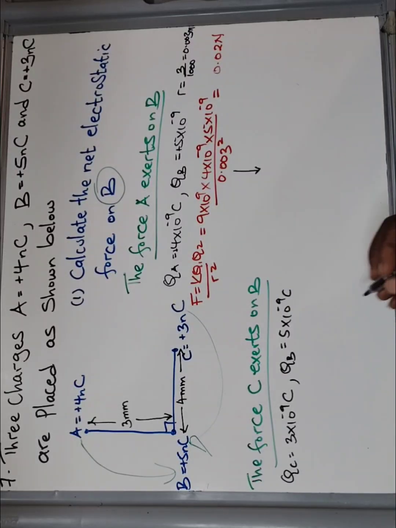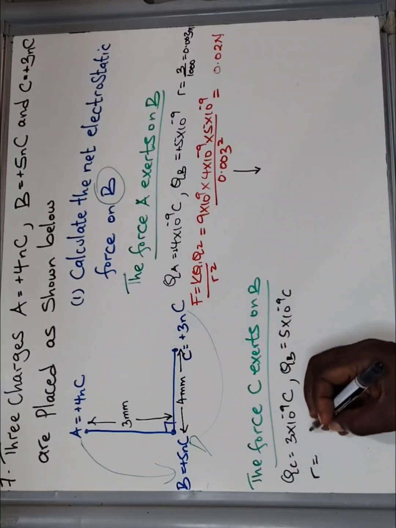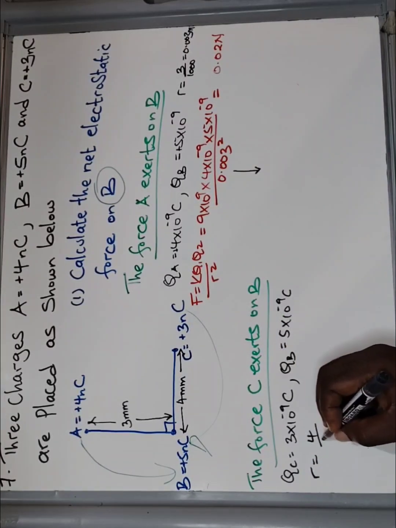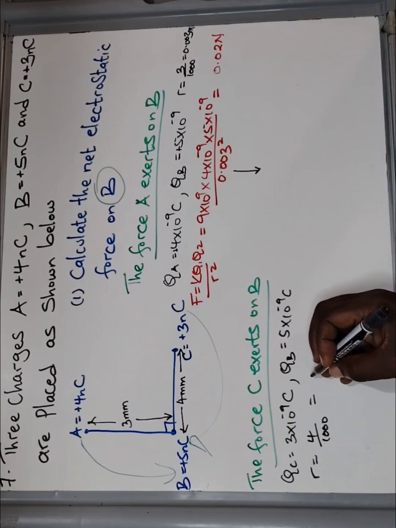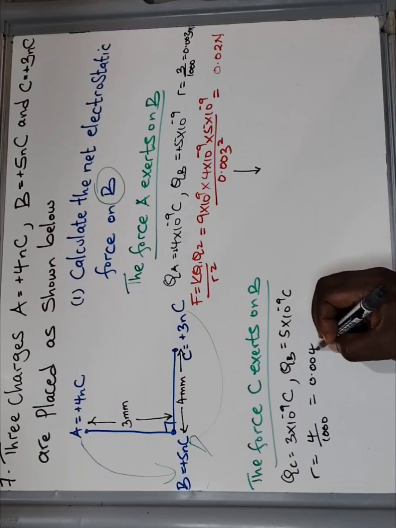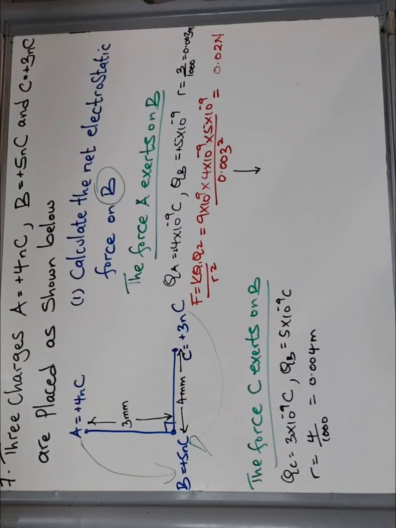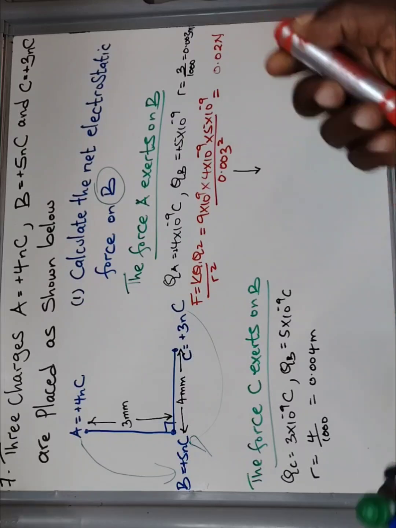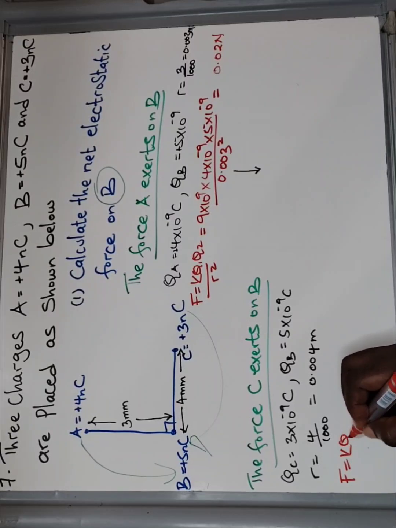What else do we know? You know the intermediate distance. It is 4 millimeters, so it's going to be 4 over 1,000, giving you 0.004 in meters. So next is to get the formula. So according to Coulomb's law, this is what we know.